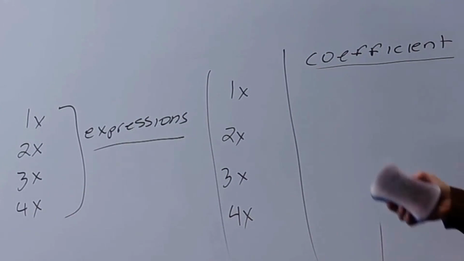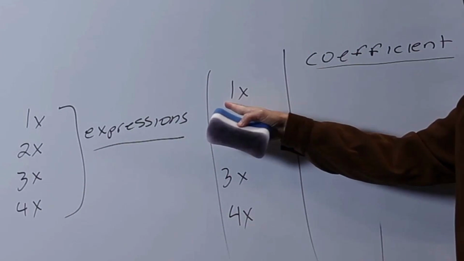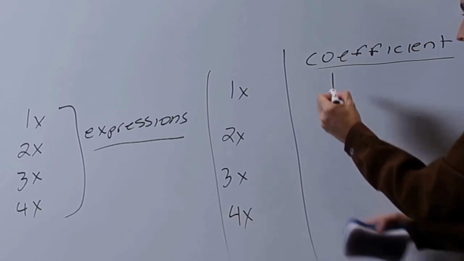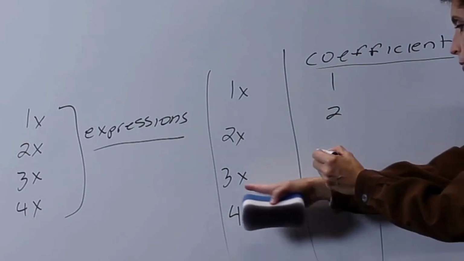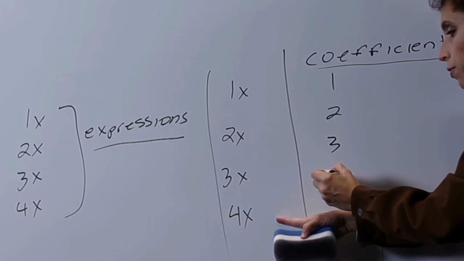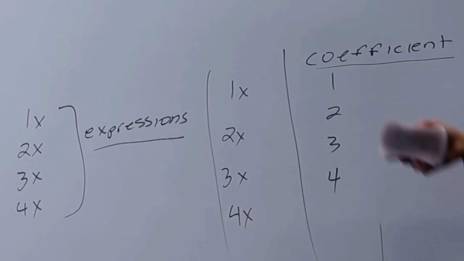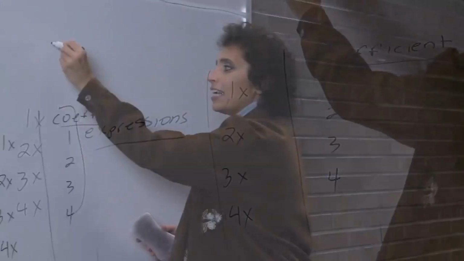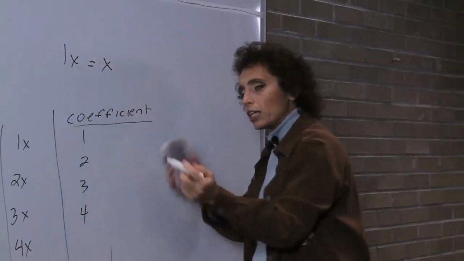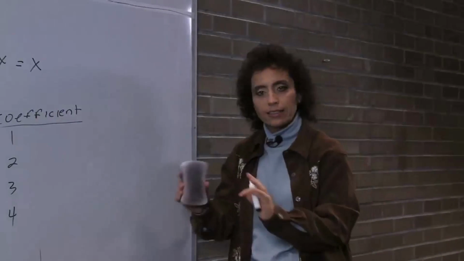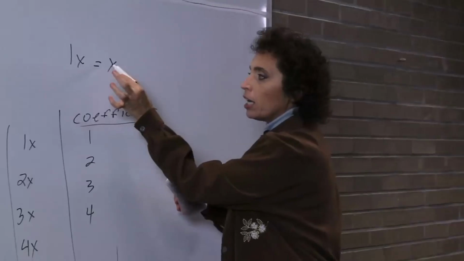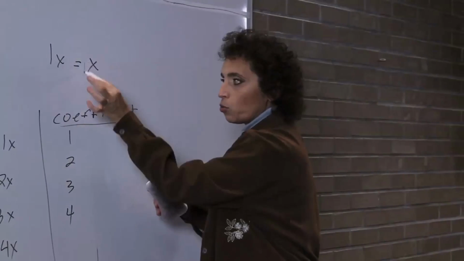Remember, the coefficient is the number factor, so the number is a 1 here. The number here is a 2. The number here is a 3. The number here is a 4. And the variable factor is the same for all of them. The variable factor is just x. So that's pretty much how easy it is. So remember, 1x is the same as x. That's really going to be important. 1x is the same as x. So if you don't see a number here, there is a number here. Even if you don't see it, it's a 1.